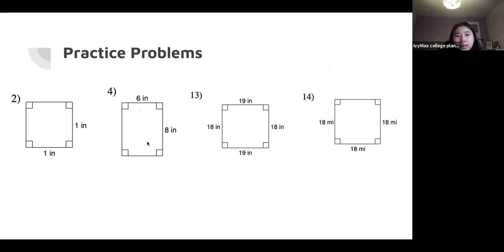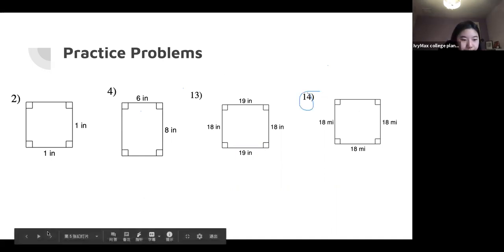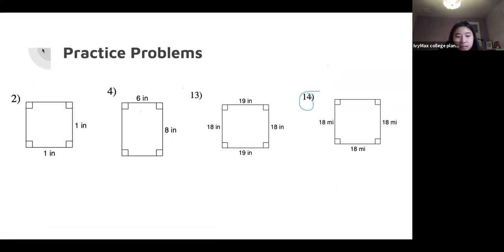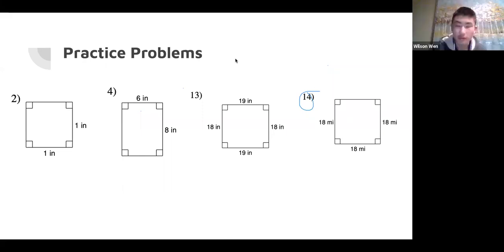And yeah, let's try the squares together for 14. So go with Wilson. All right, so for number 14, we can see pretty obviously that it is a square because the opposite side lengths are equal, and there's another side that's 18 miles.